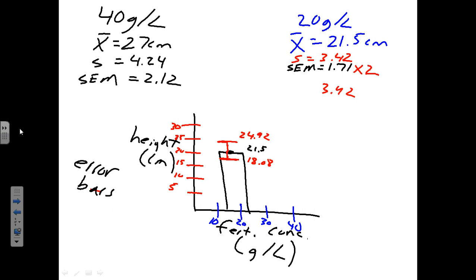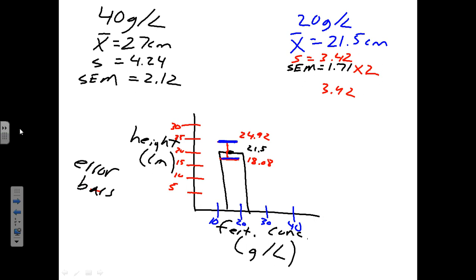Here's what the 95% confidence interval thing means. Somewhere between the bottom of this error bar and the top of this error bar, between those two numbers, 18.08 and 24.92, there's a 95% chance that you'll find the true mean of the whole group, not just our sample, but the population mean.